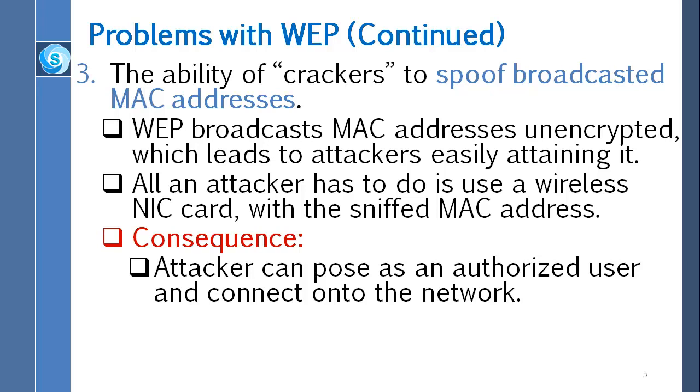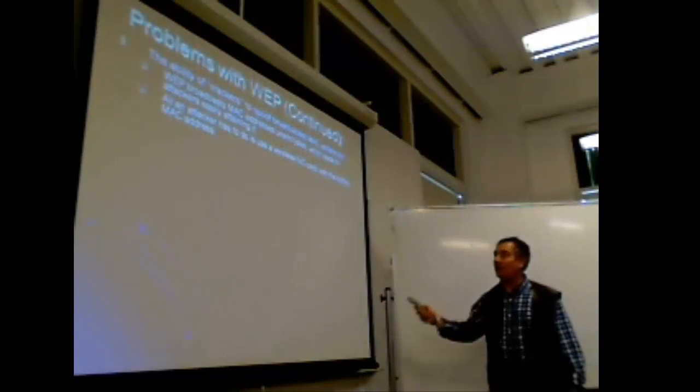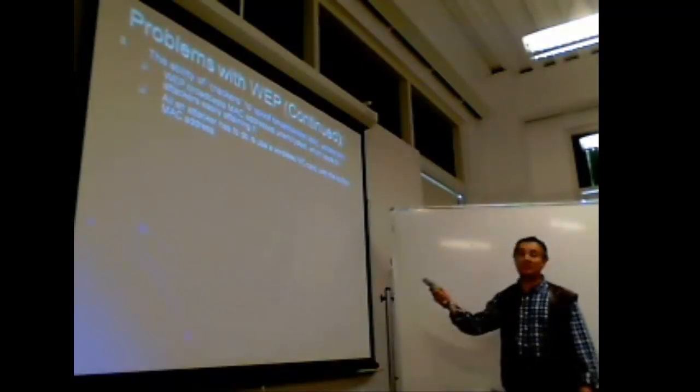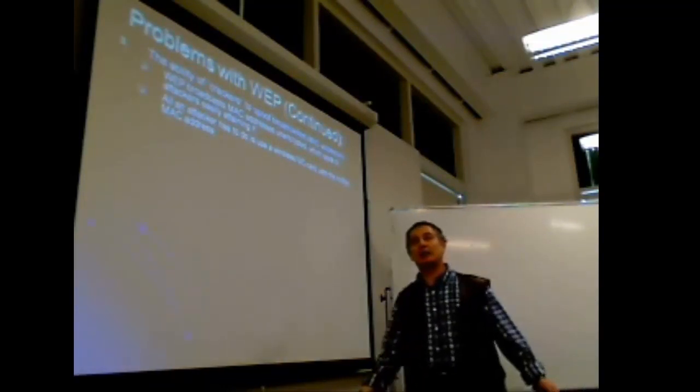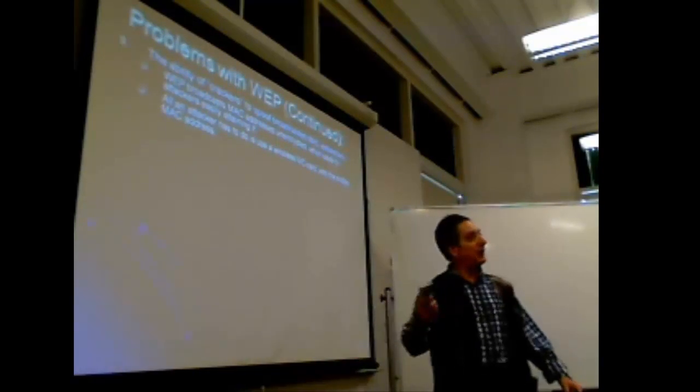Again, this is a very good e-portfolio entry. How are you going to do that? How can you change the MAC address of the NIC card? Is it easy or is it difficult? So let's have a look. This is kind of hacking technique. You're going to spoof the MAC address, or you know the MAC address of someone else's, but how are you going to use someone else's MAC address?